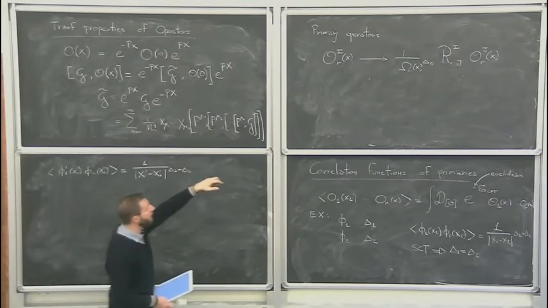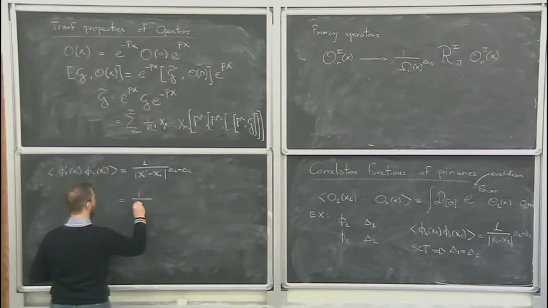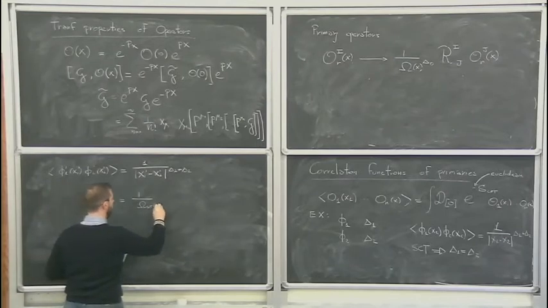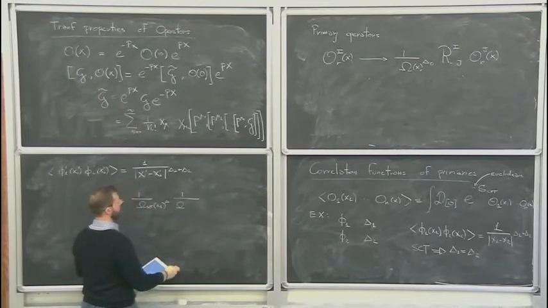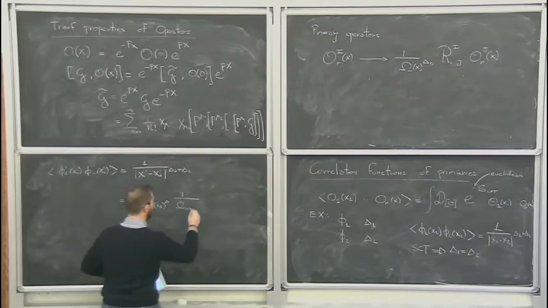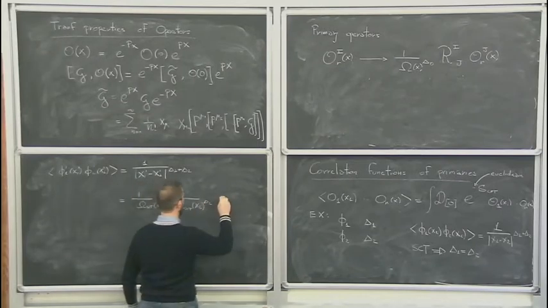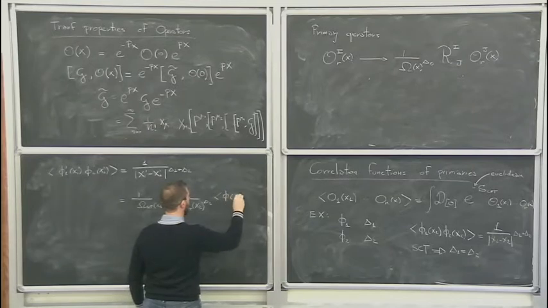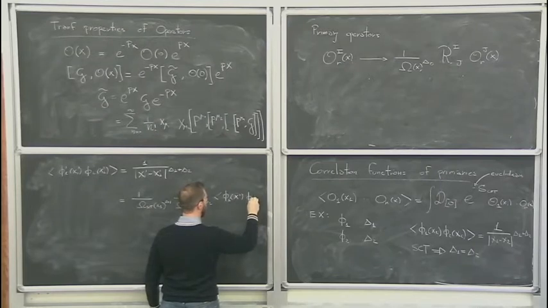And the transformed fields are related to the original ones by that relation. So this is going to be 1 over omega of the special conformal transformation, which depends on x1, to the power delta 1, times 1 over omega of the special conformal transformation, which only depends on x2, to the power delta 2, and then phi 1 of x prime, phi 2 of x prime.